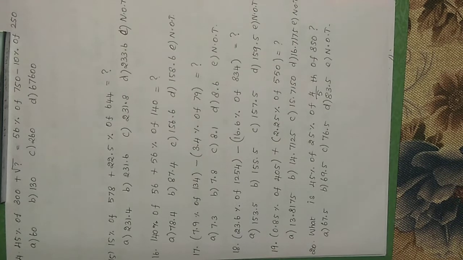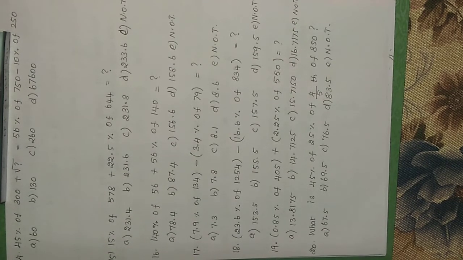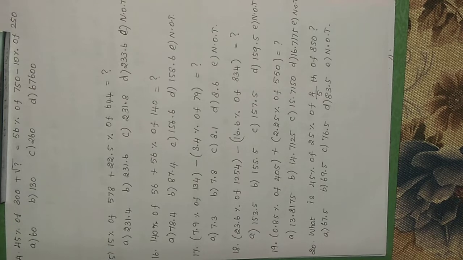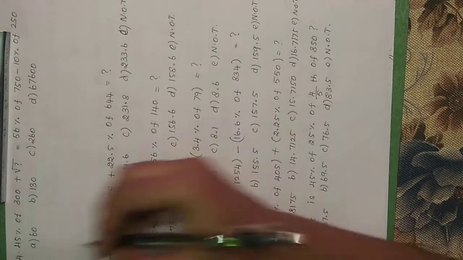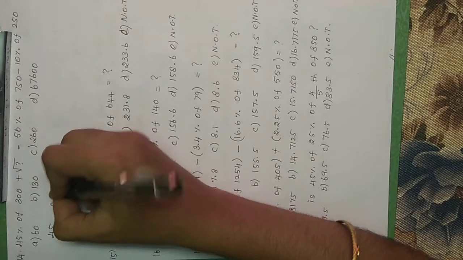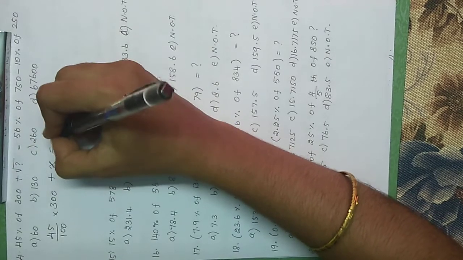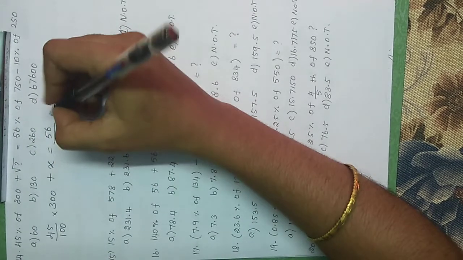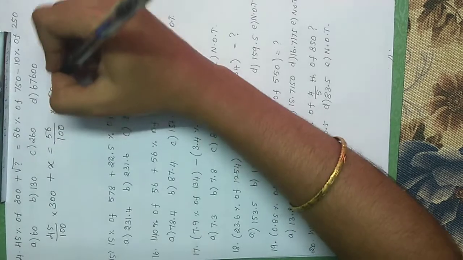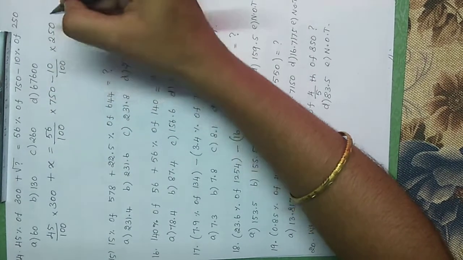The next problem is 45% of 300 plus square root x equal to 56% of 750 minus 10% of 250. So this can be written as 45 divided by 100 into 300 plus root x equal to 56 divided by 100 into 750 minus 10 divided by 100 into 250.